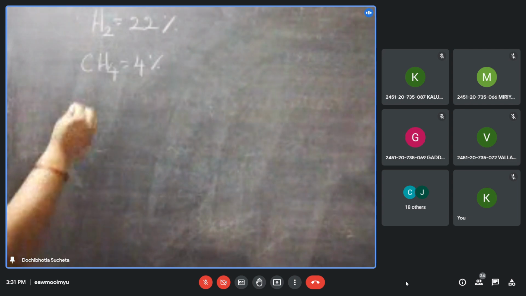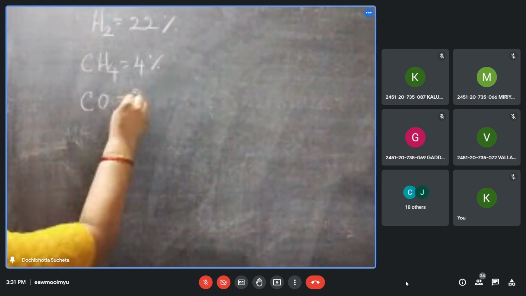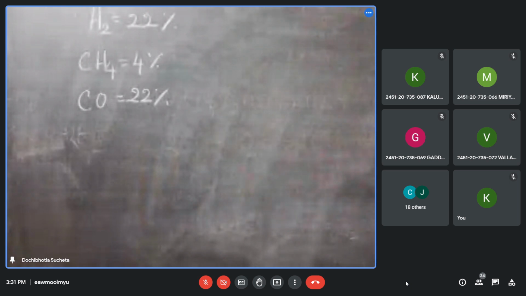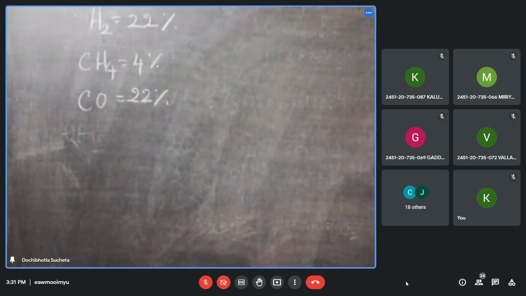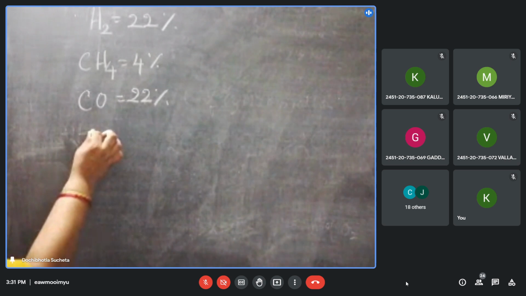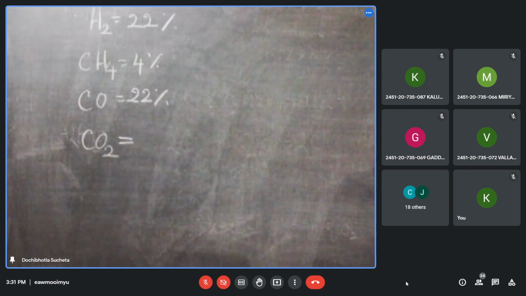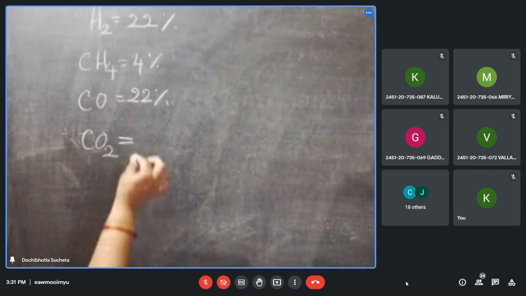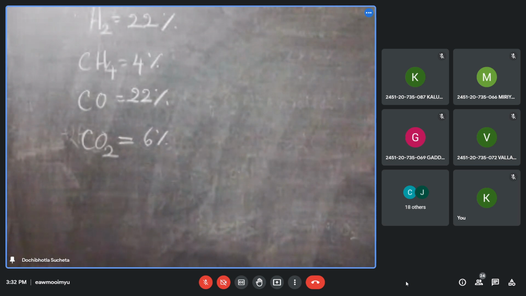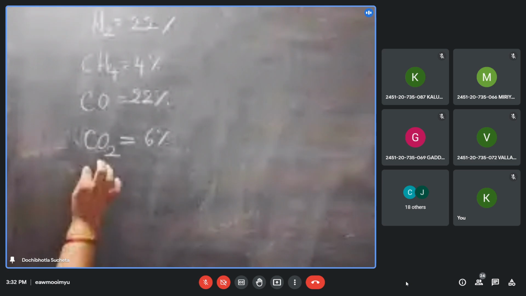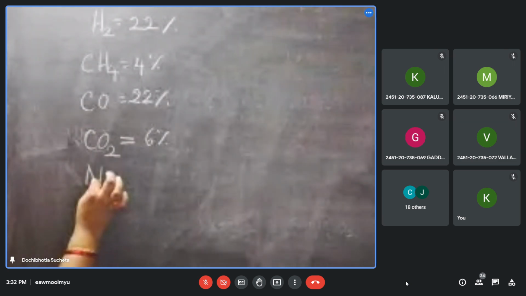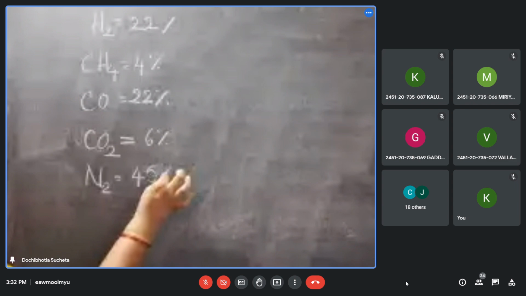Carbon monoxide 22%. Carbon dioxide 6%. Nitrogen, N2, 45%.